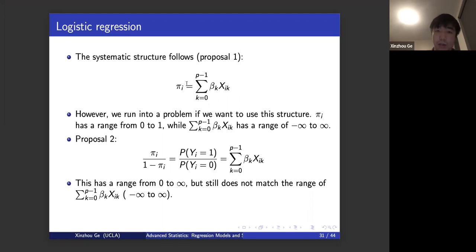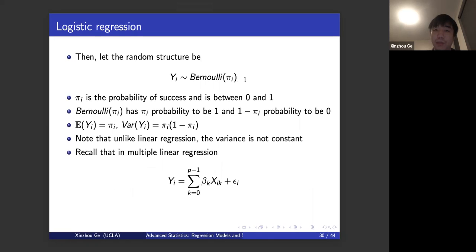So this is our first case. However, there is a problem with this formulation, because in this case the pi i should take values from 0 to 1, from the definition of a Bernoulli distribution.